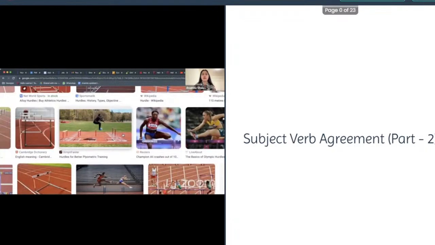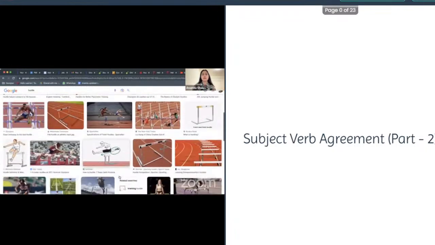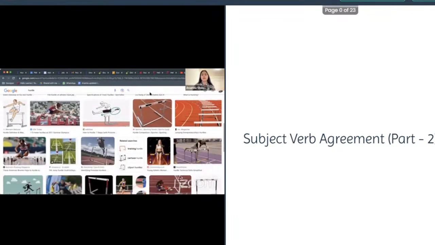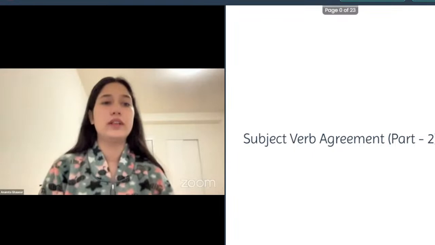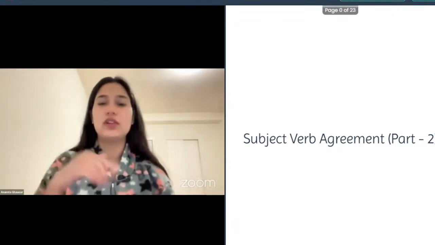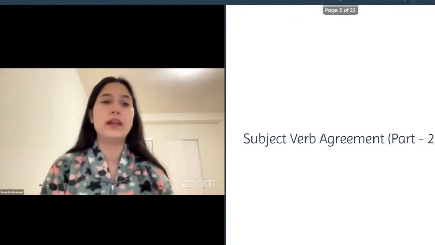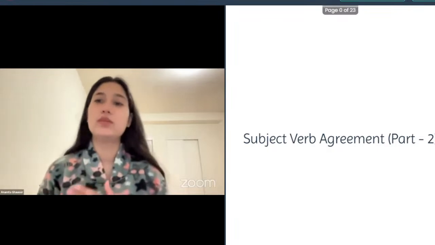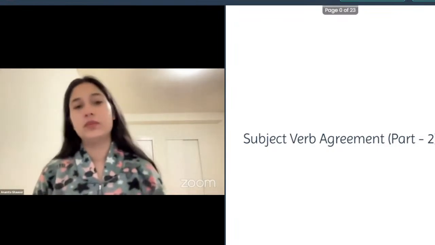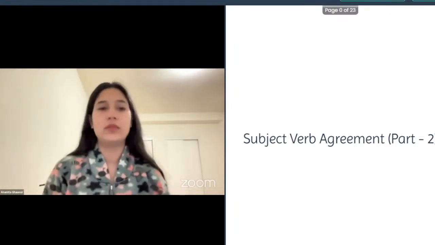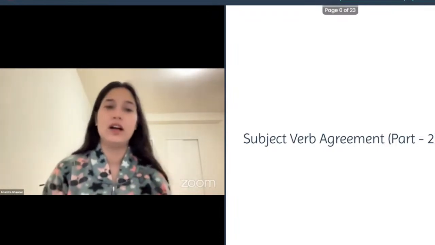These are called hurdles. So now, there is a high hurdle to jump. Jump, you should know what the meaning of jump is at least. So if you are talking about a singular subject, your sentence will have is for subject verb agreement. And if you're talking about plural, then are.